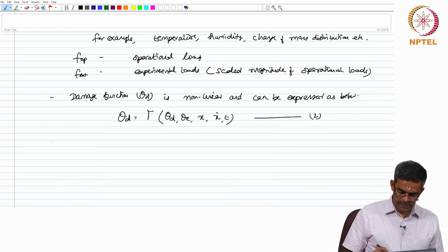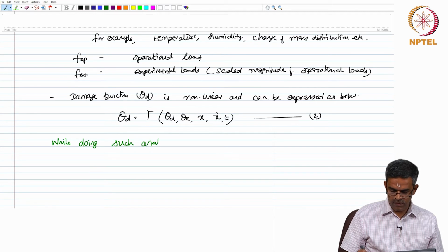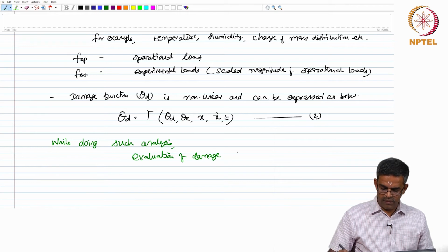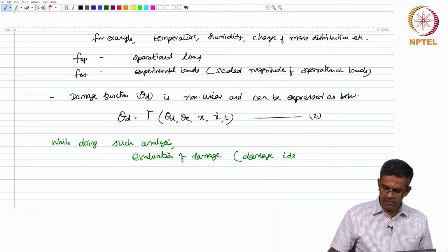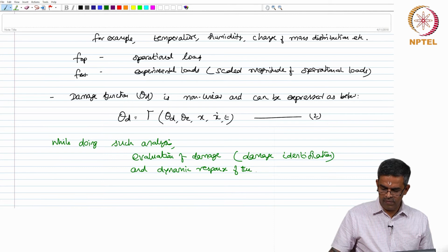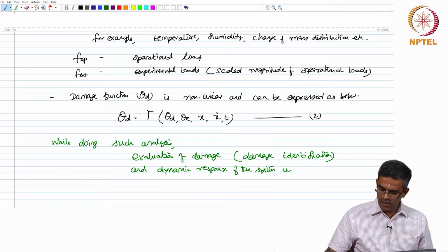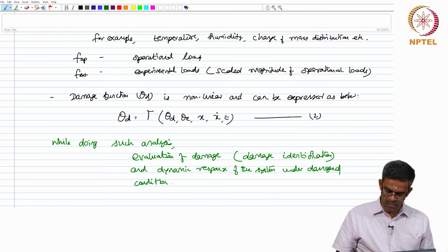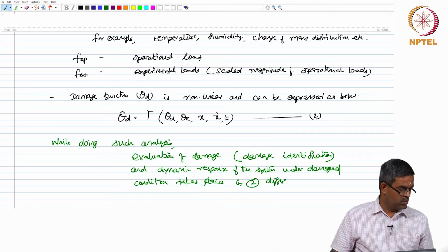While doing such analysis, evaluation of damage, that is damage identification, and dynamic response of the system under damage condition takes place in two different time scales.